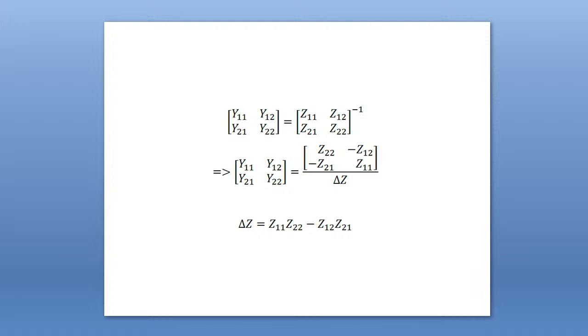Finally, you write the theoretical values and experimental values. You must mention the relationship between y and z parameters and the theoretical calculation. And finally, you write the conclusion or inference for this experiment.